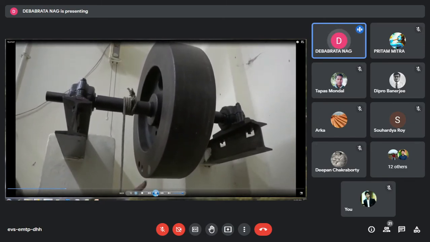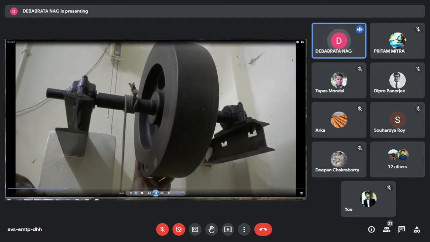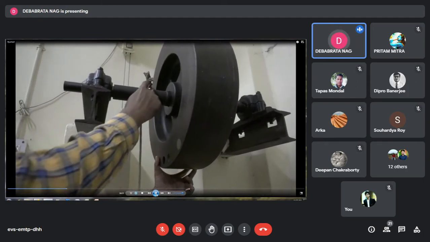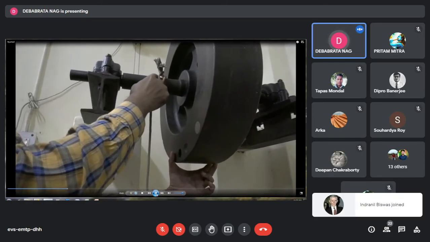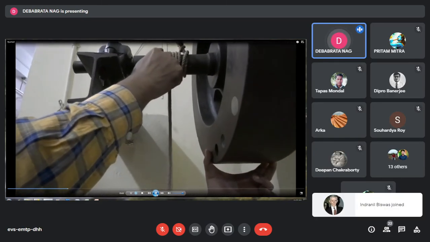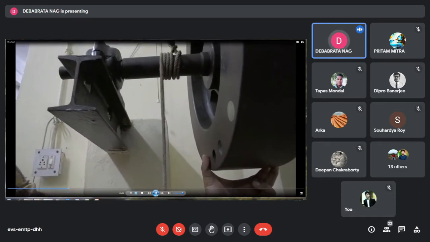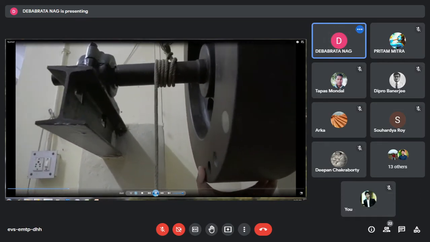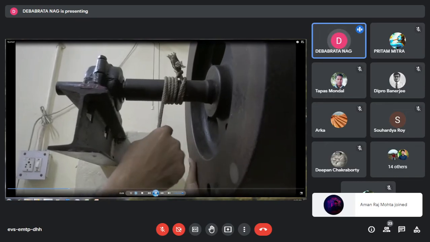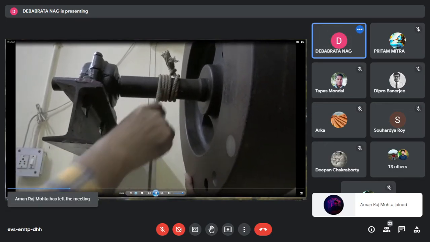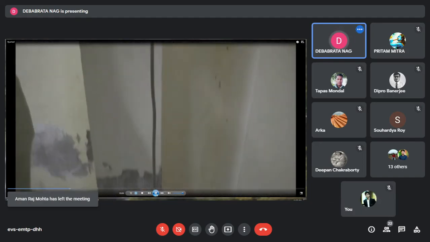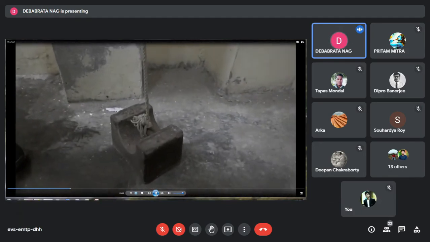So what we will do, this is a wire. Actually, there is no wire connected to this shaft, so we have wound this wire around the shaft. On the other end of this wire, we have this mass.